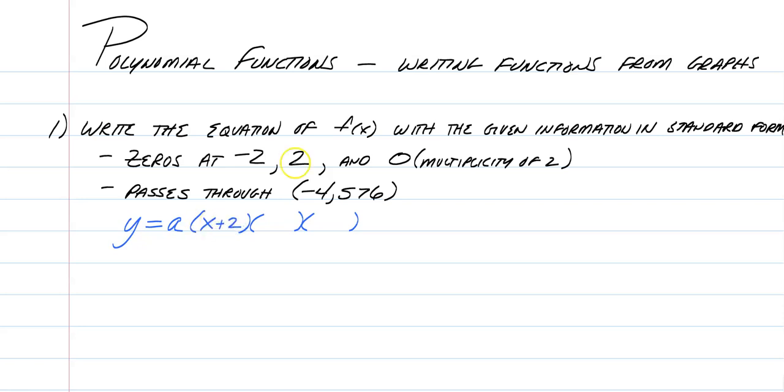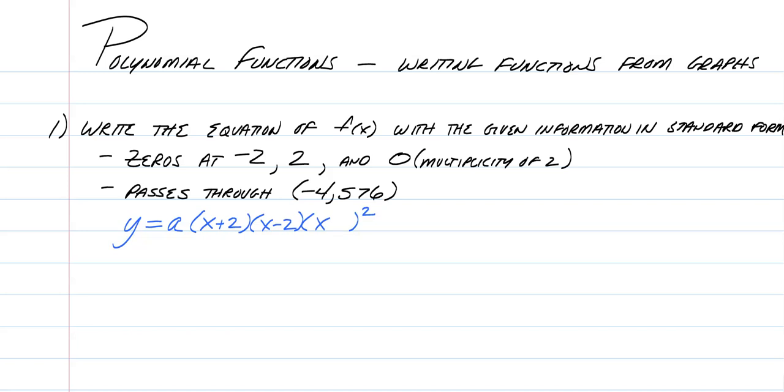We have a +2, which came from x minus 2. And then we have a 0 with a multiplicity of 2, which means this guy is going to be squared. And we would have x minus 0, but we all know that adding or subtracting a 0 from anything doesn't change anything, so we're just going to keep that as x squared, okay?